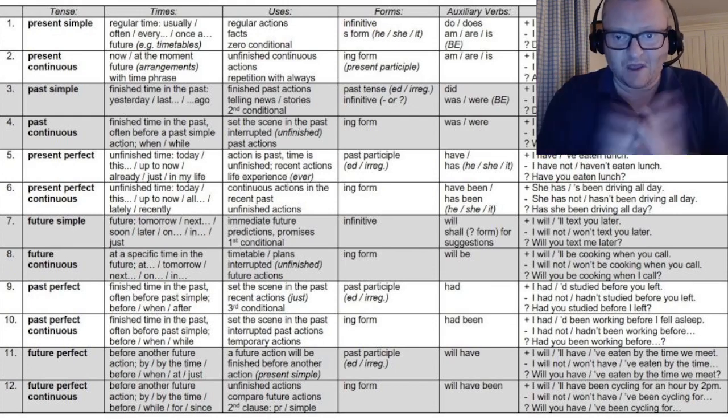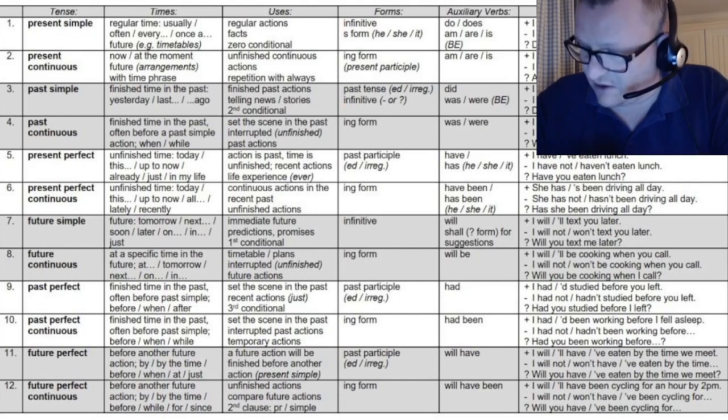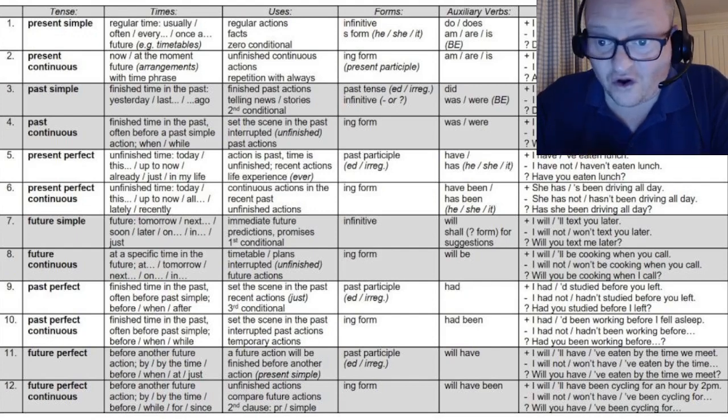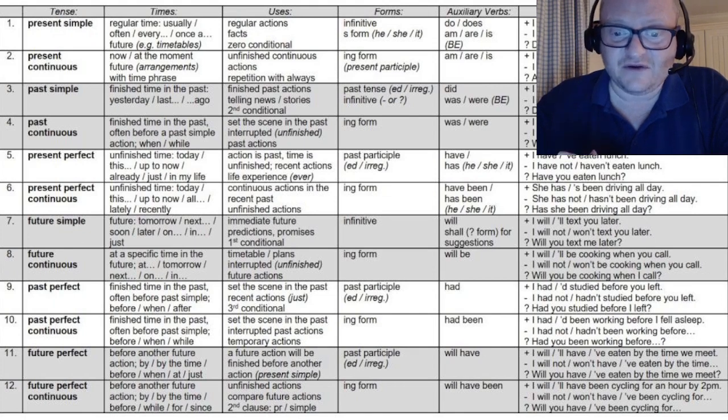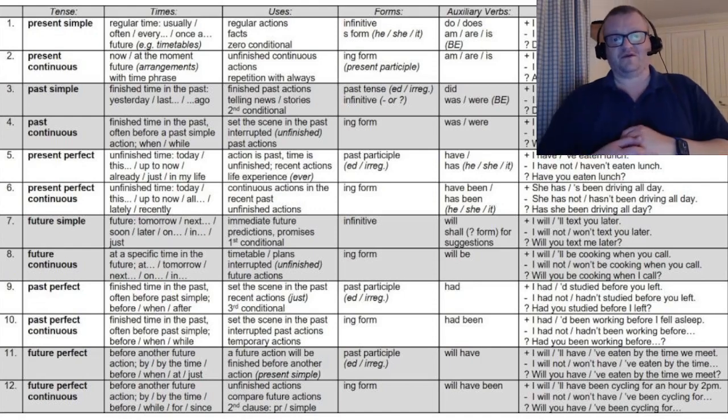So past perfect gives information about what happened before the past simple action, and it's wonderful. And again, if you want to go to USA, or if you live in the USA, then you might not need to use it. Then don't use it if you don't want to. Do everything in the past.